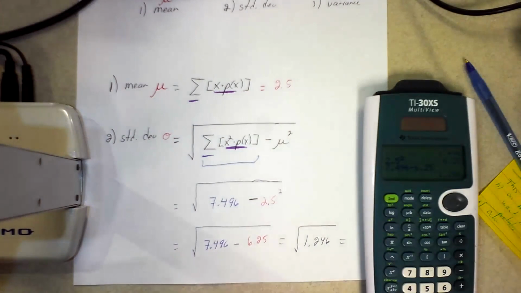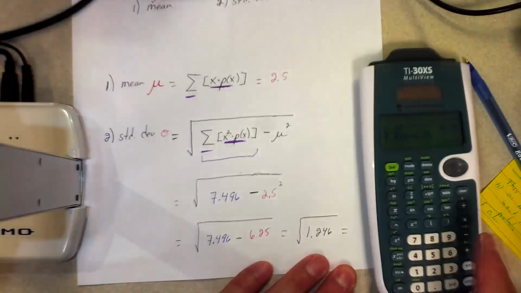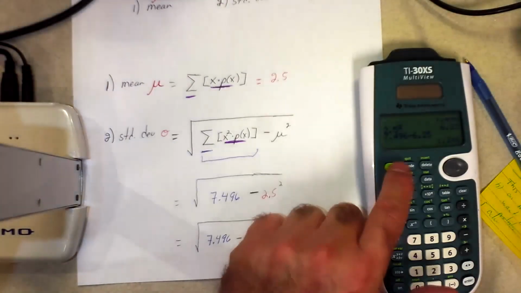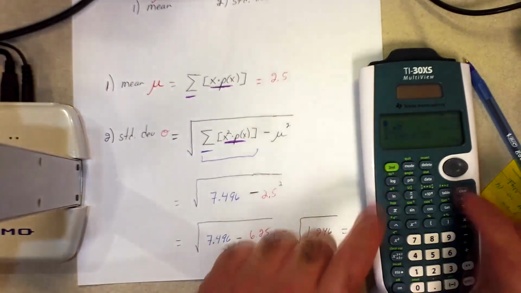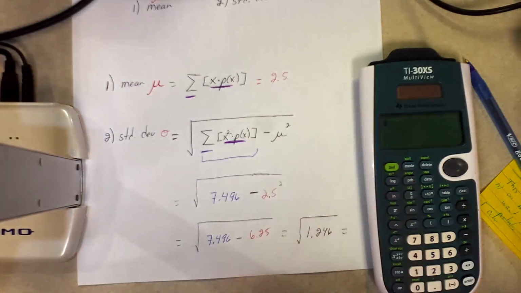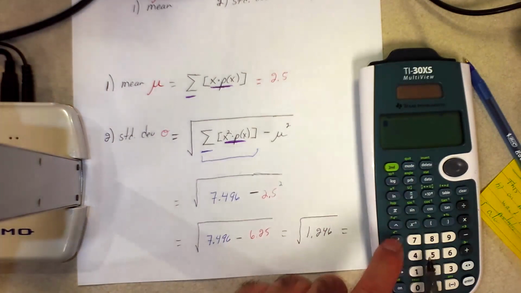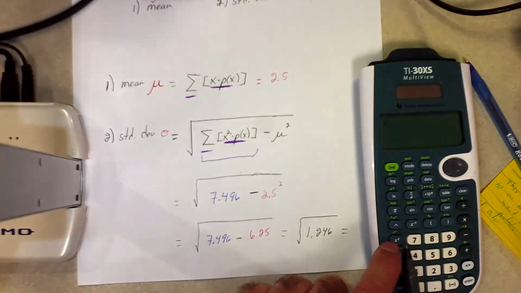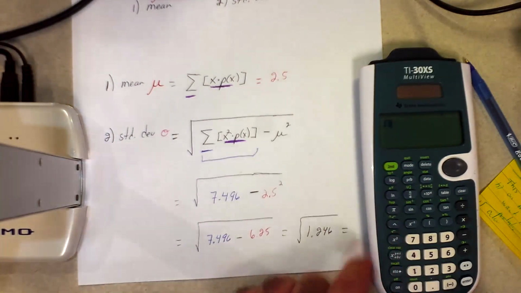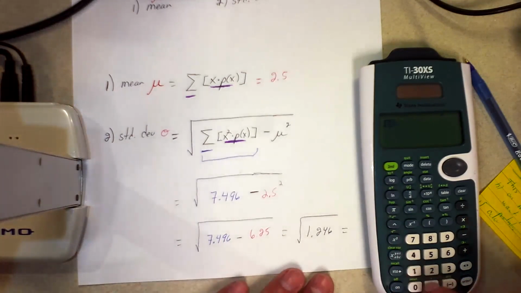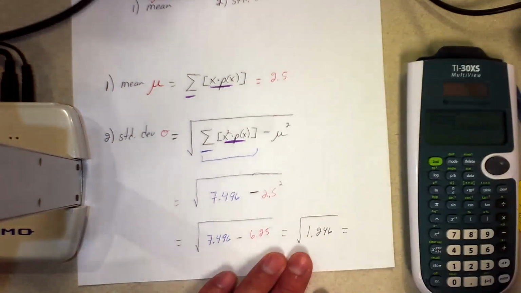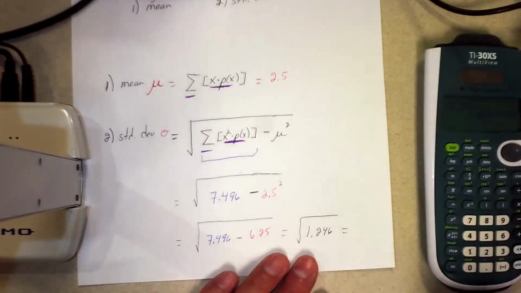As you recall, for square root I usually have to hit the second key, the green. My square root is right here next to it. I type in 1.246. And I have to write down all the digits that appear on my calculator.